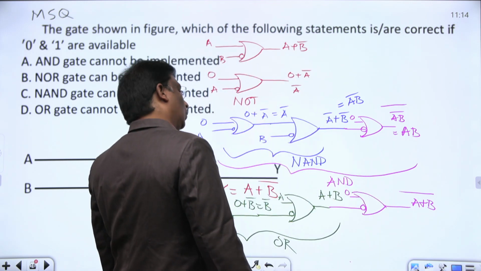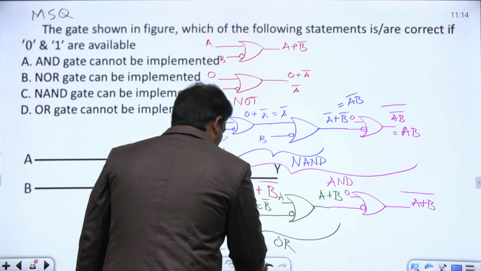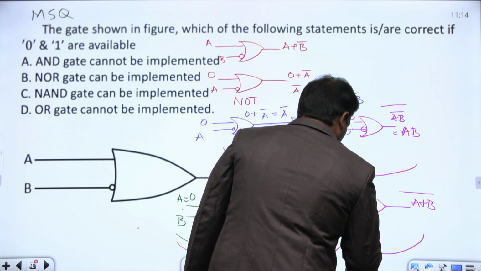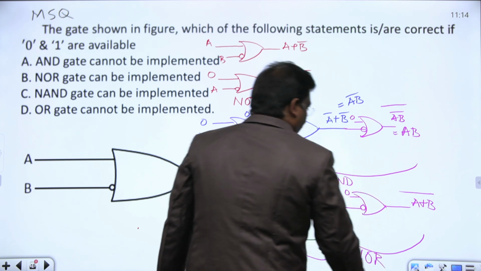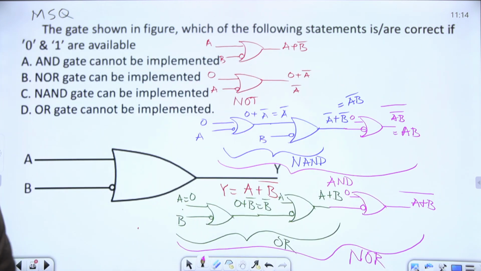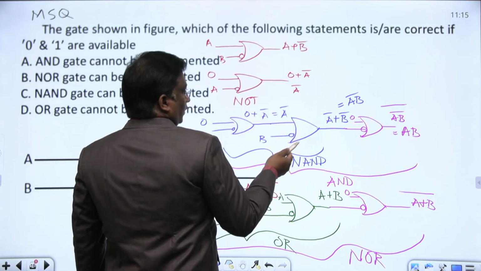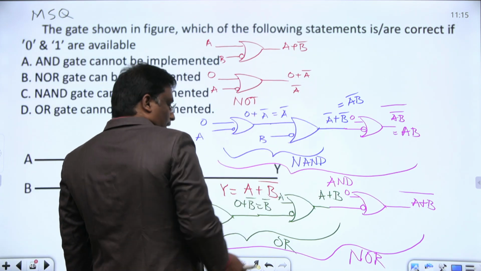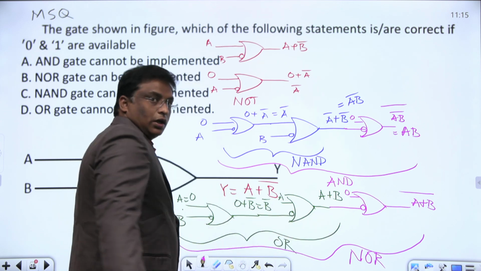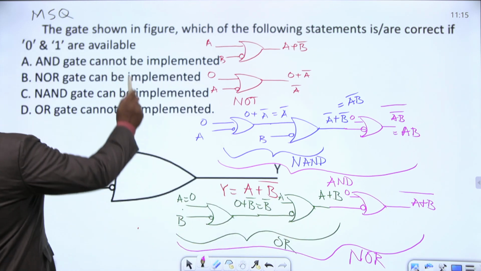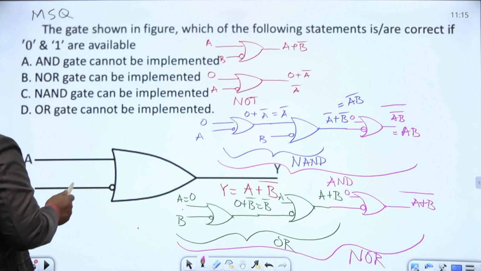It is giving the NOR gate, NOR implementation up to here. By using this gate we can implement a NOT gate, AND gate, NAND gate, OR gate, and NOR gate. See the options here.